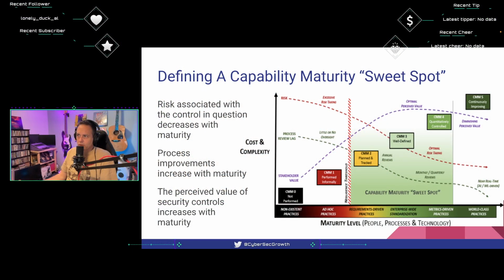Defining a capability maturity sweet spot, very much what we're just talking about here. For most organizations, the sweet spot for maturity targets is between CMM2 and CMM4. What defines the ideal target within this zone is generally based on resource limitations and other business constraints. So it goes beyond just the cybersecurity and privacy teams dictating targets.